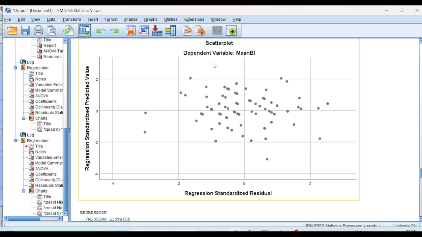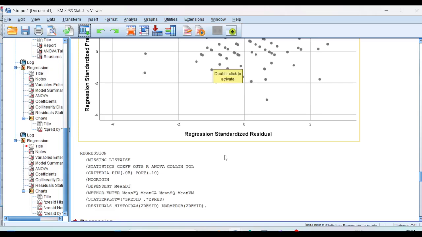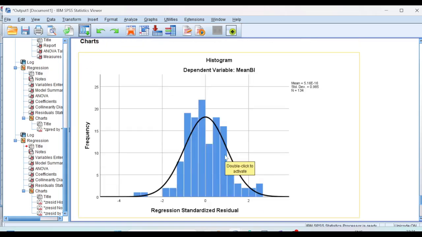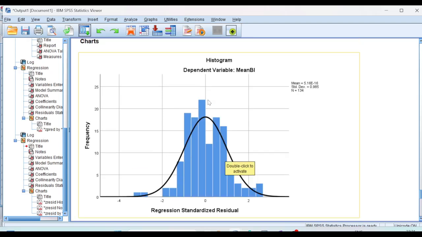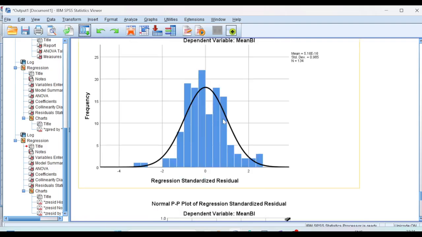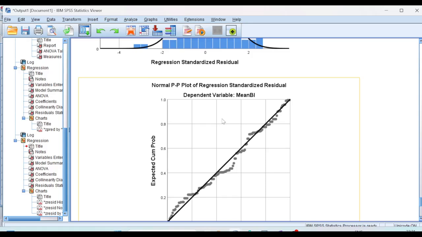So now what do you get? You get this scatter plot and the values here. So you see here. So this seems to be quite like a normal curve, a bell-shaped curve. This is the normality plot. This is the histogram, right? Now, PP plot, you see here, most of the points should lie on this straight line.